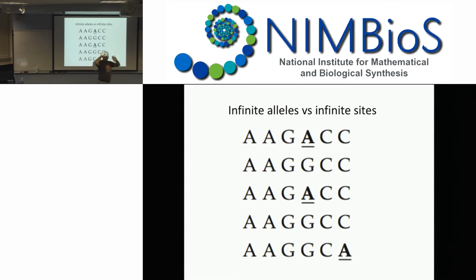Again, the big picture for all of this is I'm giving you some of the basic terminology and jargon and ideas we're going to be using over the next 2 days for formal tests of departures of the neutral equilibrium model. The neutral equilibrium model can show a departure because you don't have neutral alleles. However, it can also show a departure because you have neutral alleles, but they're not at equilibrium.